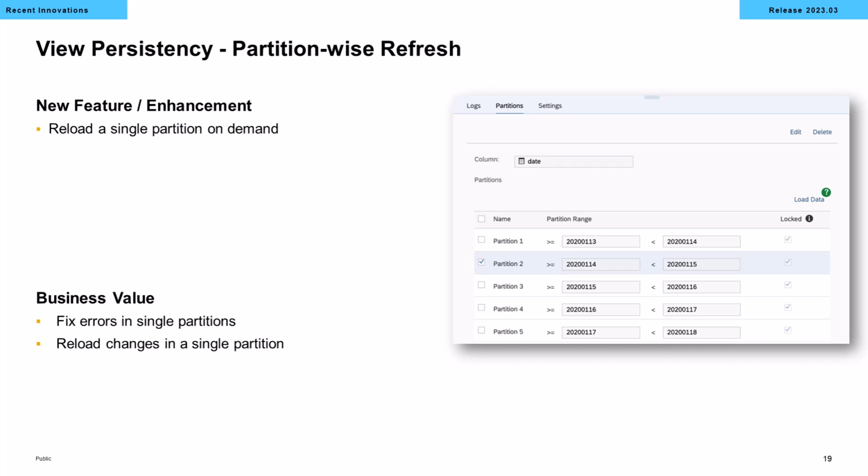You still have the ability to reload through the locking mechanism, but this is to interactively, on demand, reload a single partition should you have experienced errors in a partition or should data have changed below in one of the sources that goes into a partition, so that you can simply update without having to drop everything. How does that look in the system?